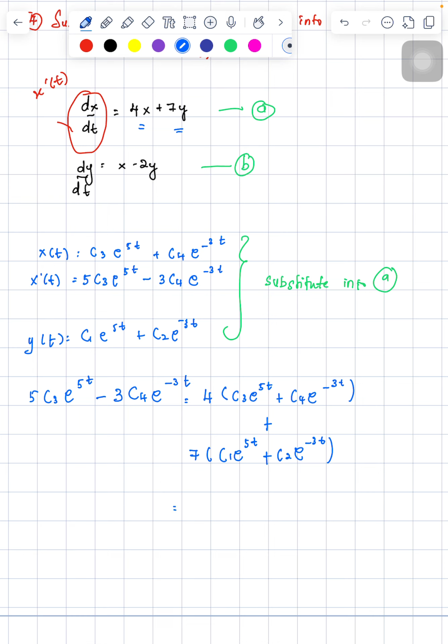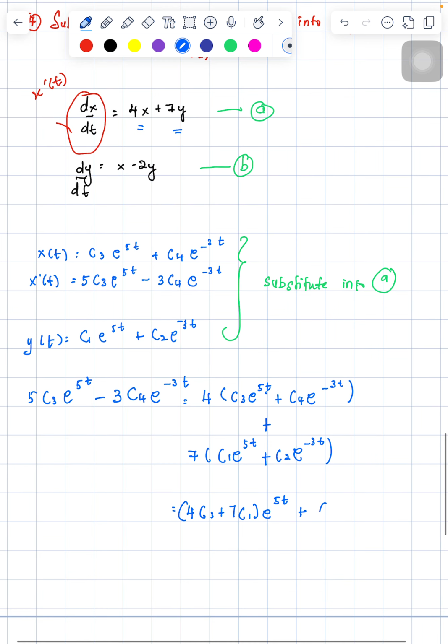Okay, so we group together the terms with exponential to the power of 5t. So 4c3 plus 7c1 e to the power of 5t plus, and we group together the terms with exponential to the power of negative 3t.